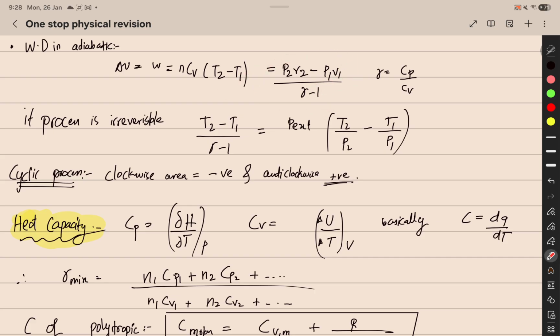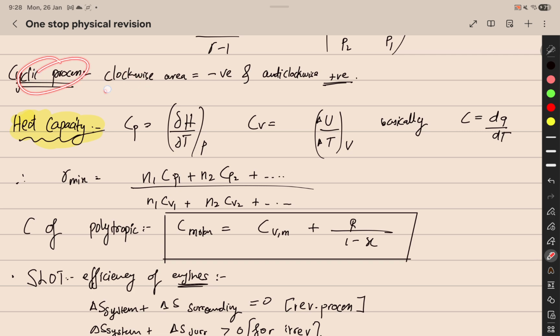Then you can also look at nR delta T by 1 minus gamma. If the process is irreversible, then (T2 minus T1) by gamma minus 1 is equal to P external into (T2 by P2 minus T1 by P1).